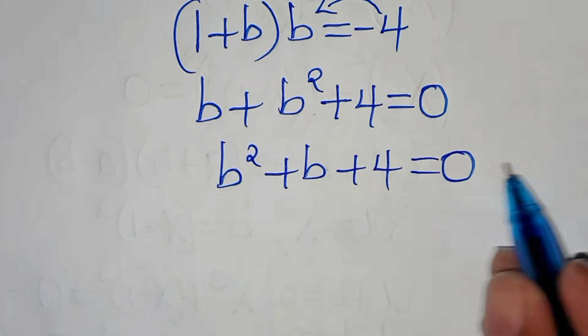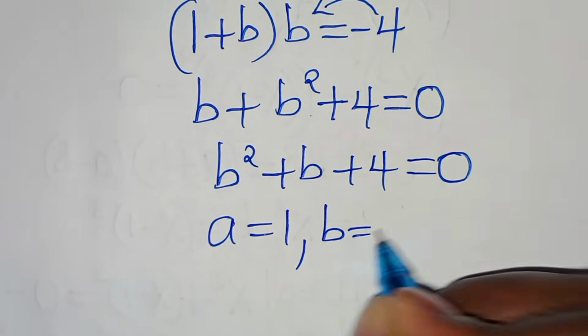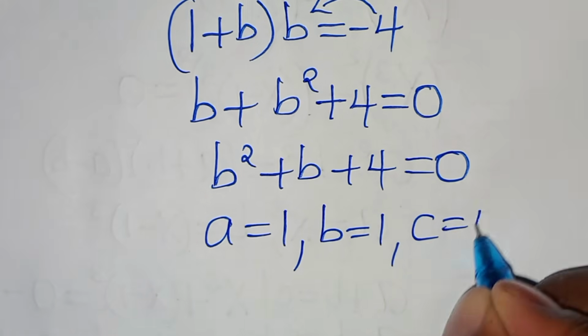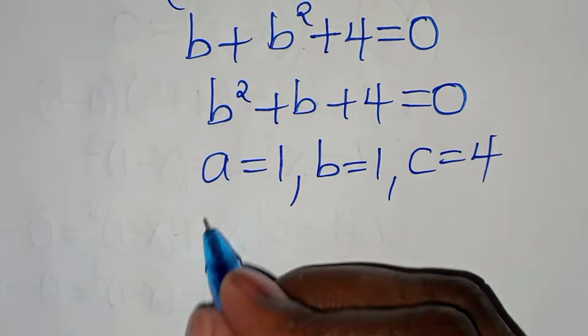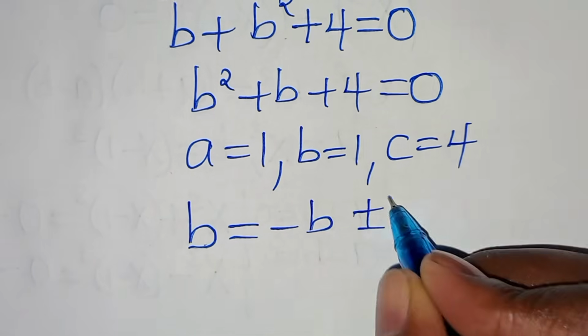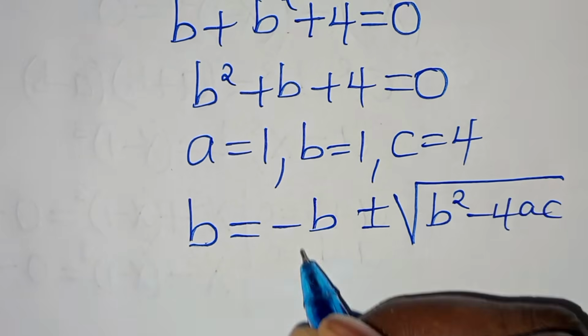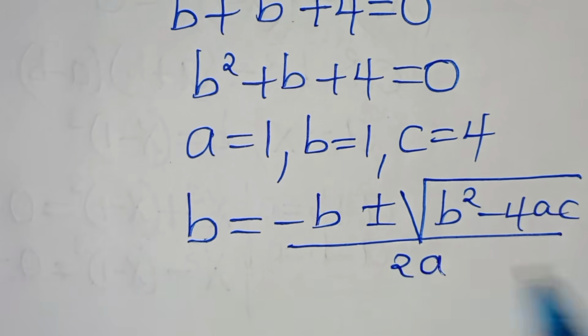So this is a quadratic equation where a is equal to 1, b is equal to 1, and c is equal to 4. So we can solve for b by applying the quadratic formula, which is minus b plus or minus the square root of b squared minus 4ac, everything divided by 2a.